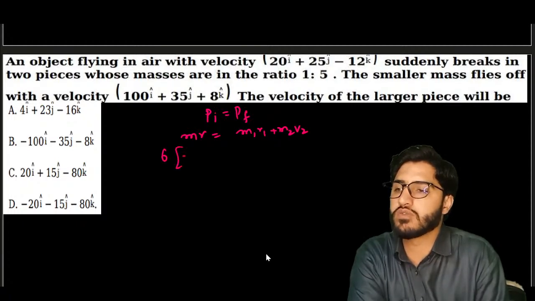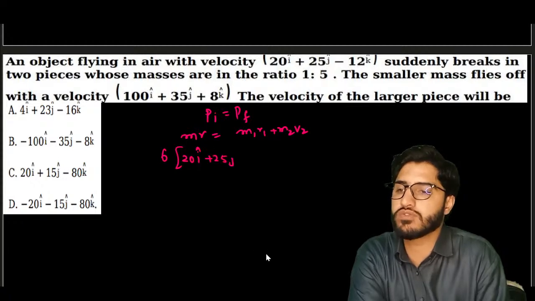What is v? v is given to be 20 i cap plus 25 j cap minus 12 k cap.